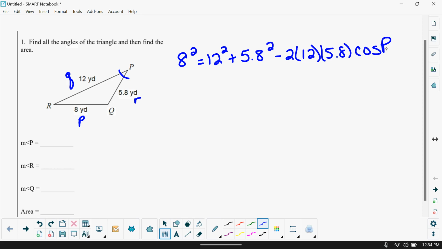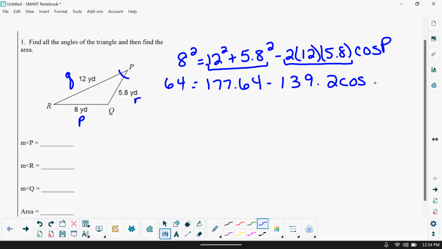There it is. Okay, so here we go. 64 equals, I'm going to put this into the calculator, plus 5.8 squared. And I get 177.64 minus, I'm going to put that in, times 5.8.